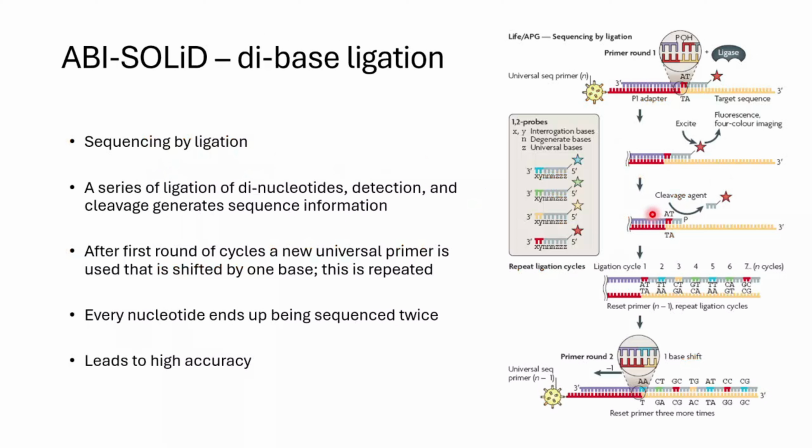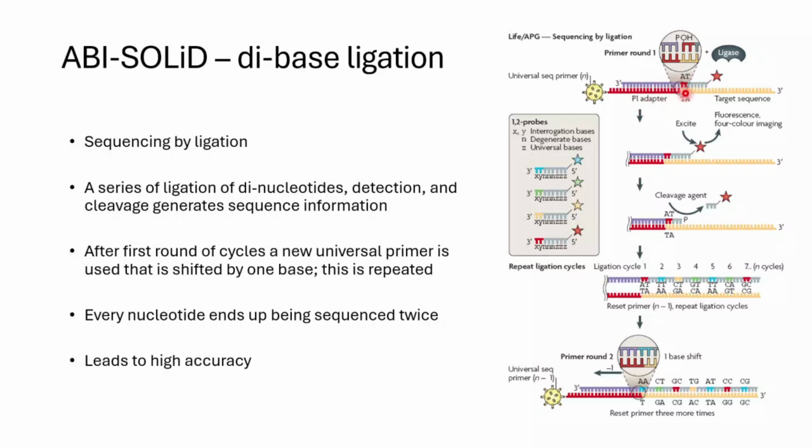Okay, this one is a little bit harder to understand, so try to focus a little bit. So the way this works is that you have your P1 adapter, you know its sequence. So you're going to put a complementary sequence on the other side to which you will ligate different probes based on these two nucleotides here on your template DNA strand.